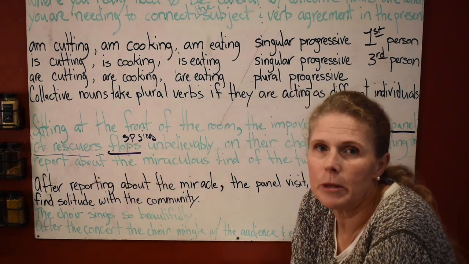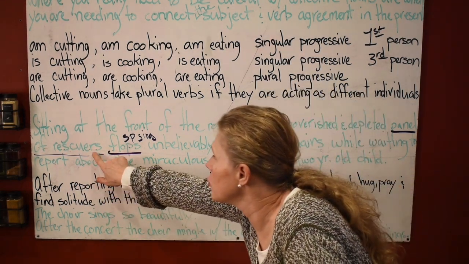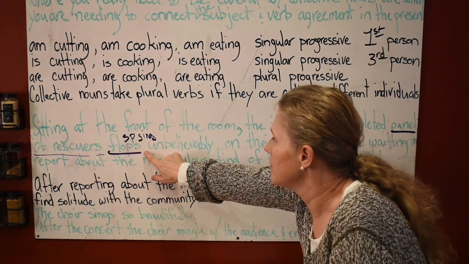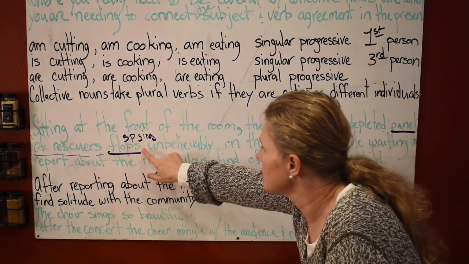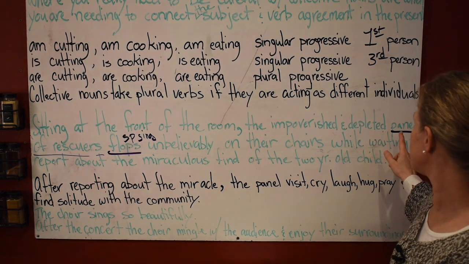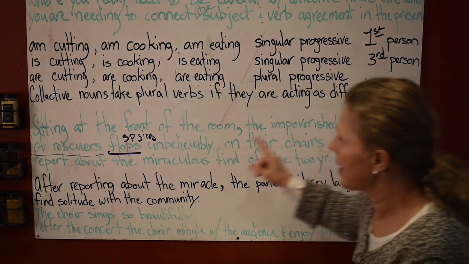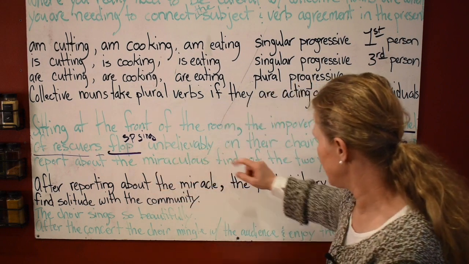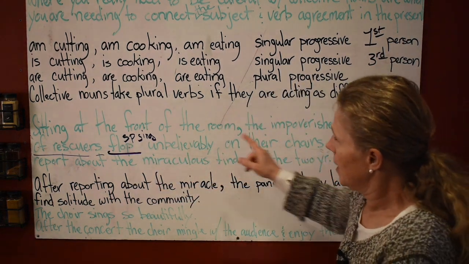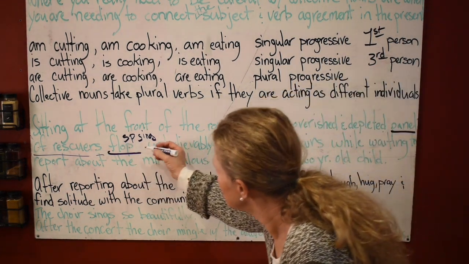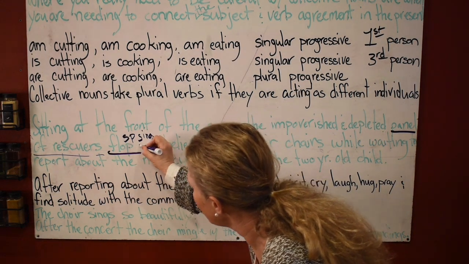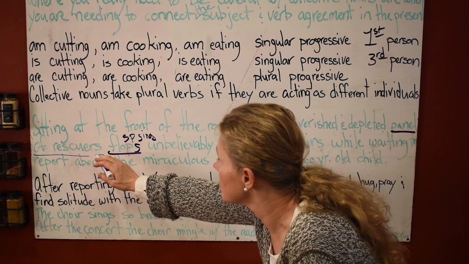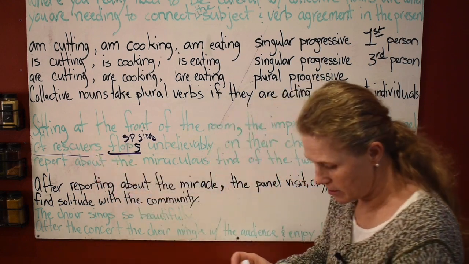And that's where so many people get confused, that they're looking at the prepositional phrase and they're matching the preposition. So a lot of people might say the panel of rescuers flop unbelievably on their chairs. But that's wrong because we are not looking at rescuers as being plural because that's not the subject.